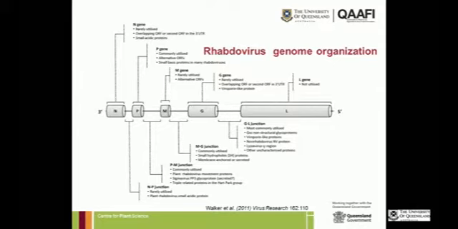And so there are genes inserted in this junction between the N and P genes, P and M, G and L, and in most cases there's a gene inserted between P and M. And in particular, in plant Rhabdoviruses, we have a gene inserted here that assists in the cell-to-cell movement of viruses through the plasmodesmata.